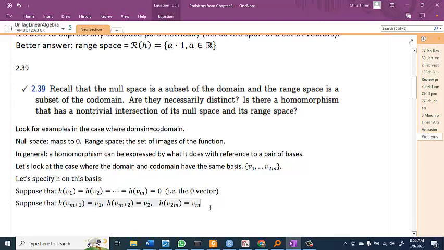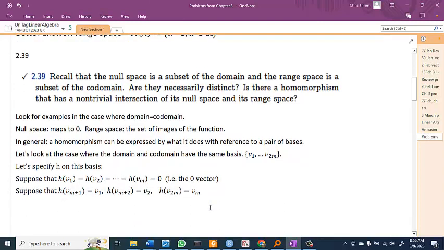I have specified the action of h on an entire basis. That means I've fully specified h, because I can apply h to any linear combination of that basis.